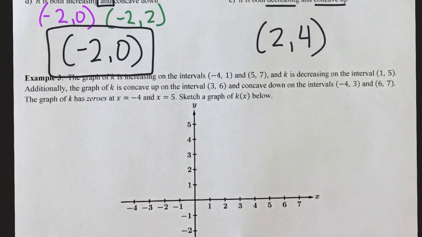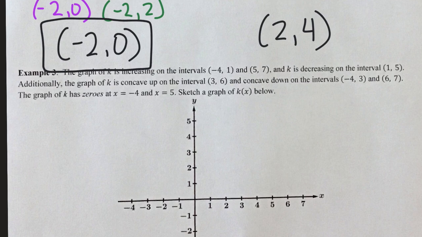Okay, what is going on here? Example 3. The graph of k is increasing from -4 to 1 and from 5 to 7. So that means that the y values are going up. k is decreasing from 1 to 5. Okay, so let's write this on here, see if we can make sense of what's going on. It's increasing from -4 to 1 and increasing from 5 to 7.